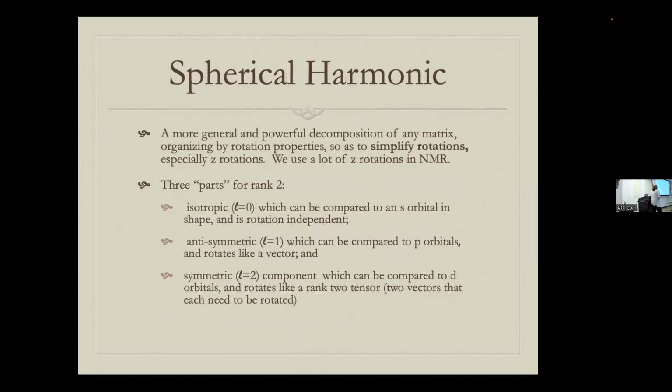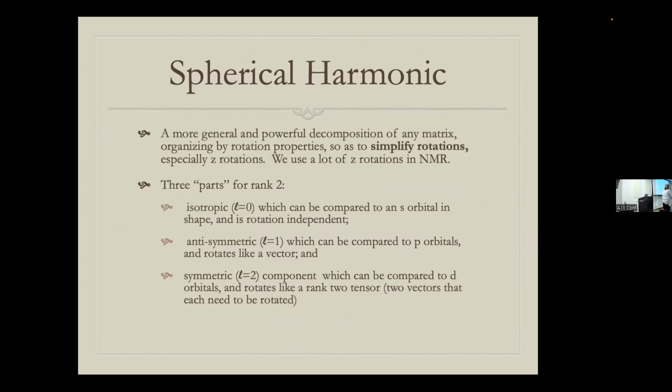Then I've got another piece which is not spherically symmetric. The antisymmetric part behaves under rotations like a vector. Antisymmetric is vector-like. And you could say in terms of quantum description of other problems, such as the orbitals, that it's like an L equals 1 system.